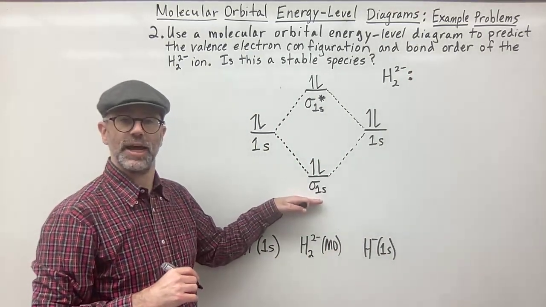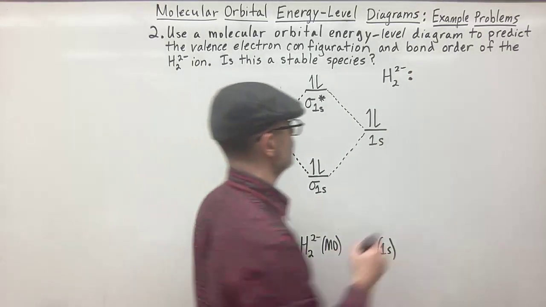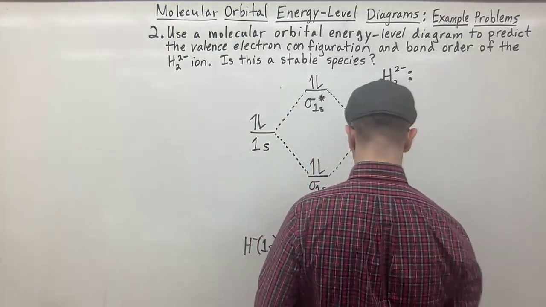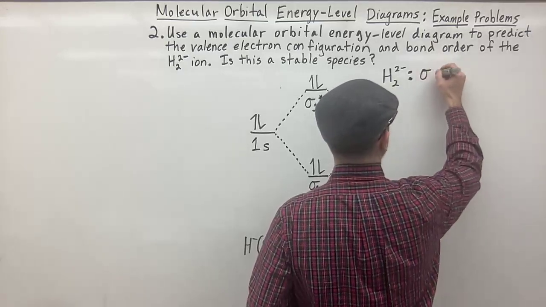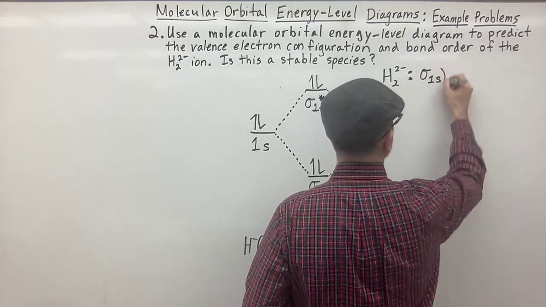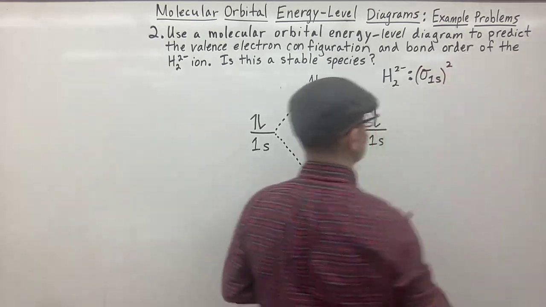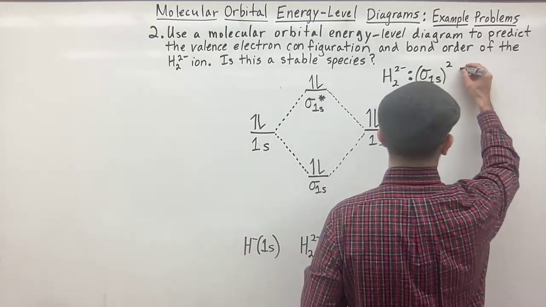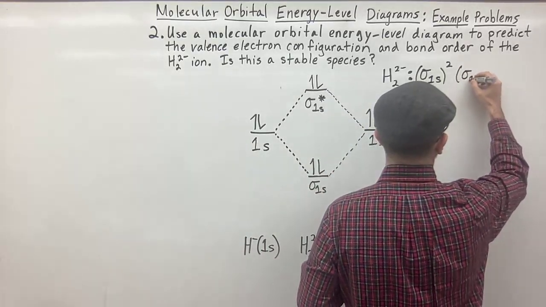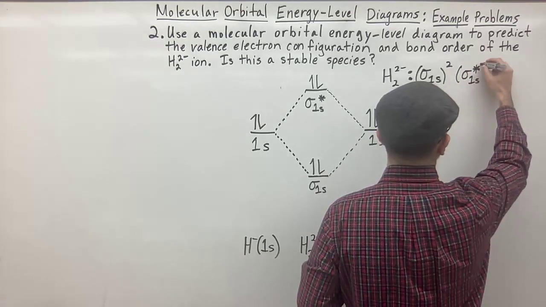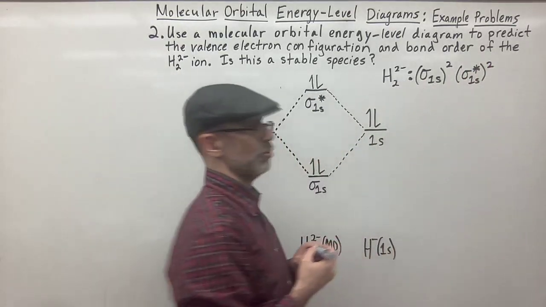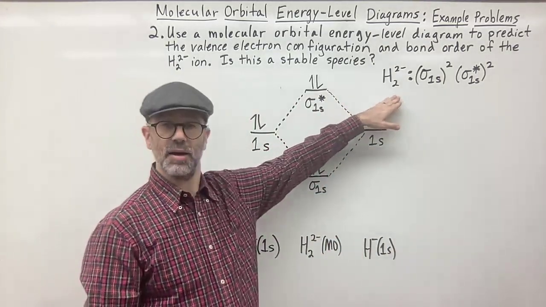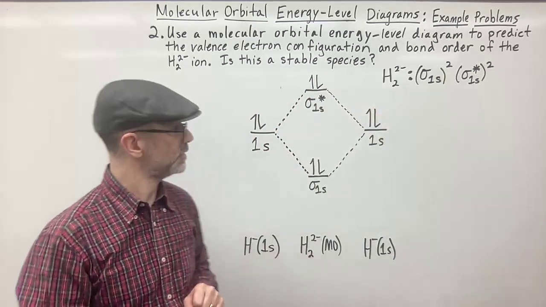So we're going to start here, and it's going to be the sigma 1s, 2 with 2 electrons, and then we go to the next one, which is going to be the sigma 1s star, and that has 2 electrons in it. So this is the electron configuration for the ion H2 2 minus.